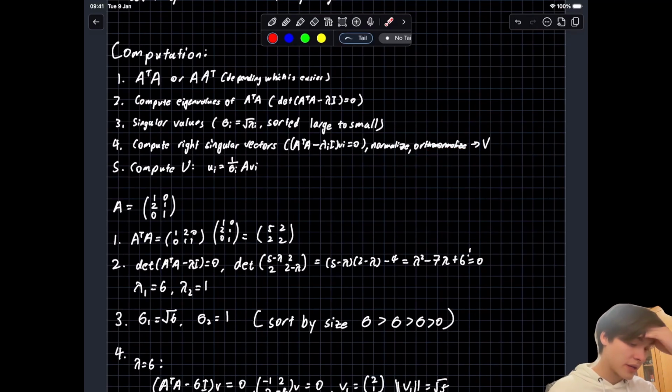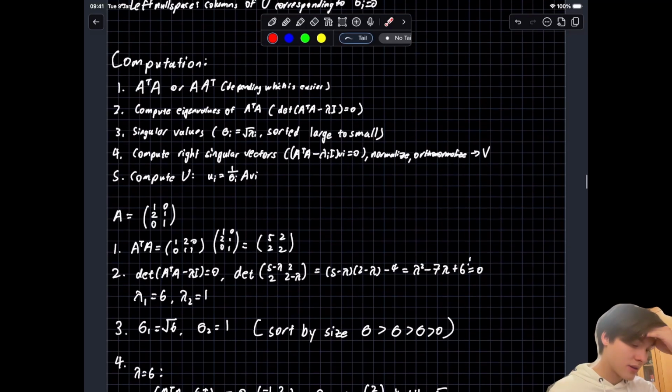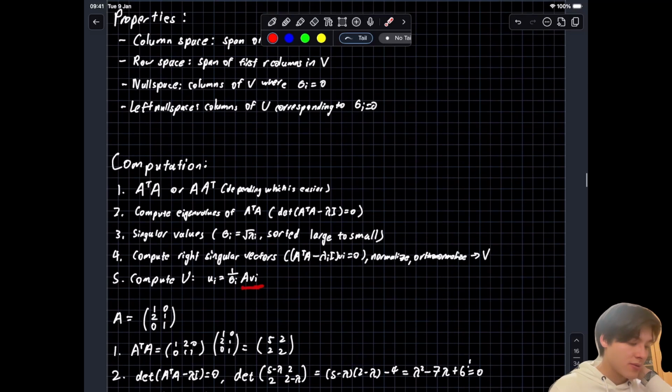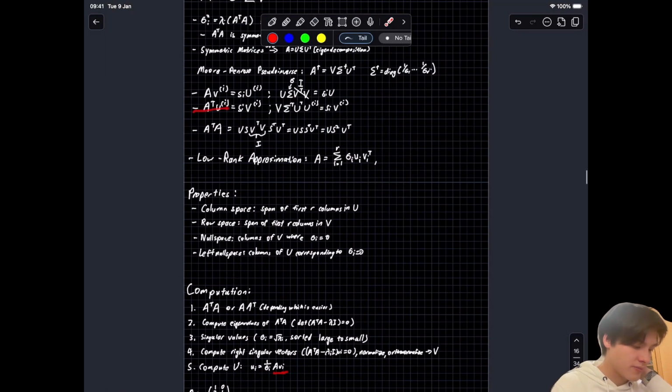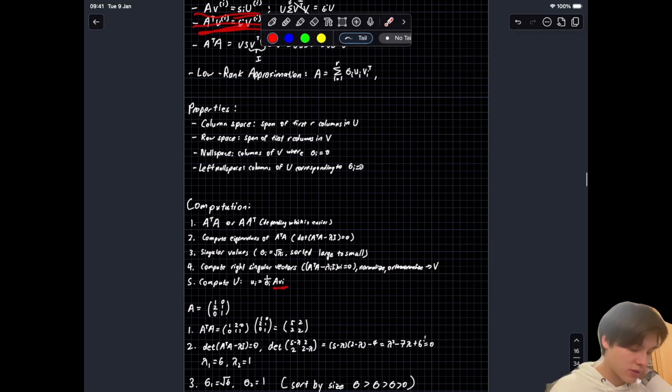Wait, so with this we get the V, right? And then with the V, we can calculate the U with this formula, because A times V, per definition, should be equal to the singular value times U. That means we just divide by the singular value, so U should be this.